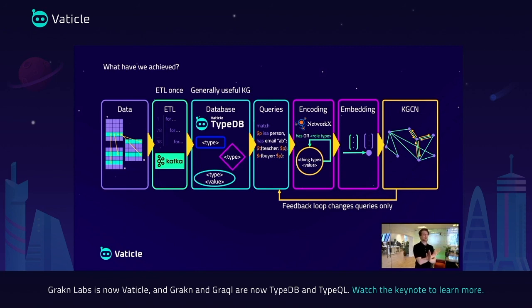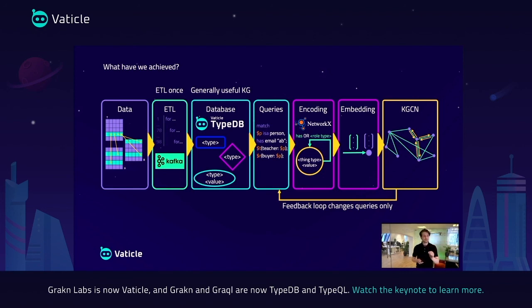Unless we need to go and fetch more data, which of course is possible, we should just be able to go back and change the queries that we're actually using to extract the data we're learning from. This has certainly been true when we've been using this KGCN pipeline in anger, and I hope that anyone else who comes along to use this is going to find the same. This really changes the dynamic on how you're using things.